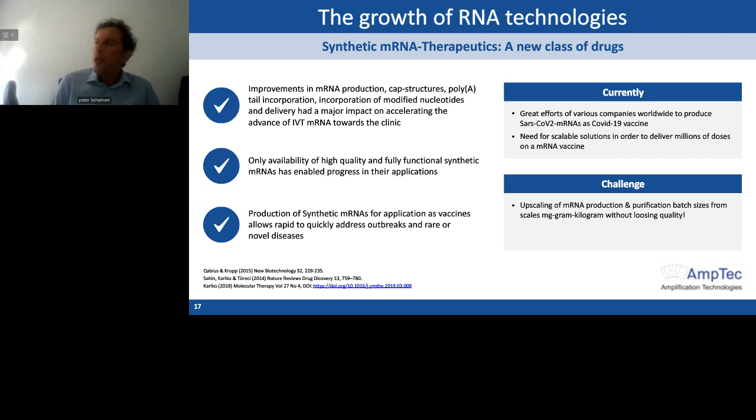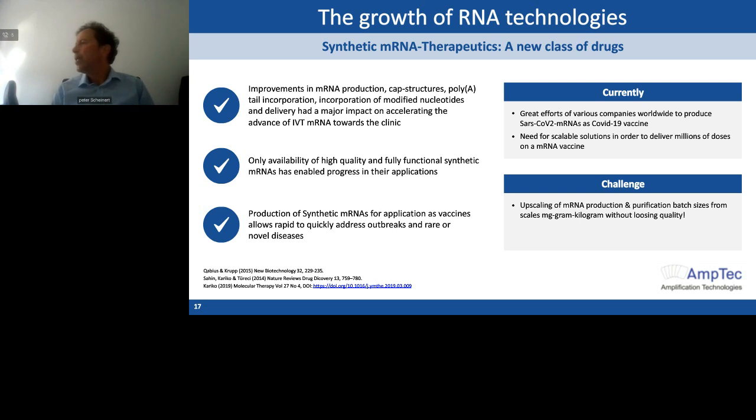And only availability of high quality and fully functional synthetic mRNAs has enabled progress of their applications. Production of synthetic mRNAs for application as vaccines, for instance, allows us to quickly address outbreaks and rare novel diseases. This is certainly a very exciting activity or functionality of this molecule.